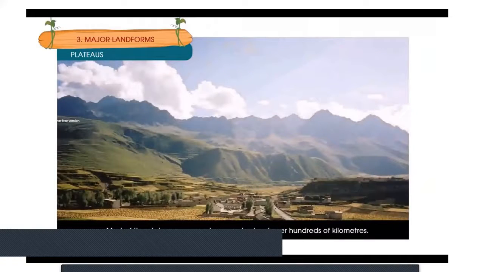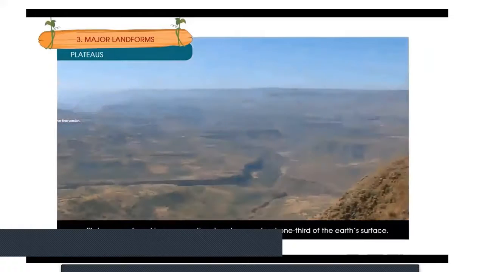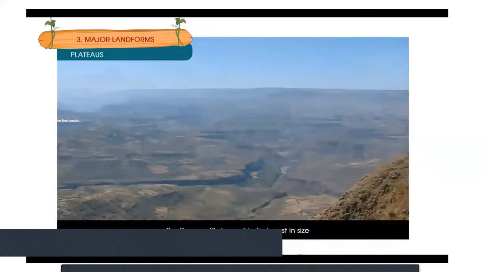Most of the plateaus are very large and extend over hundreds of kilometers. The height of a plateau is about 500 meters. Plateaus are found in every continent and cover about 1/3 of the Earth's surface.